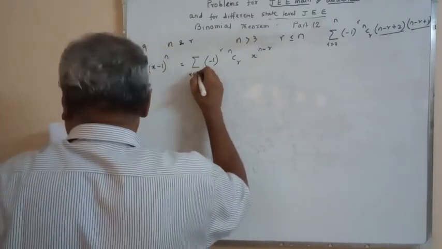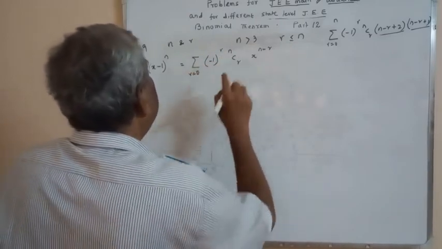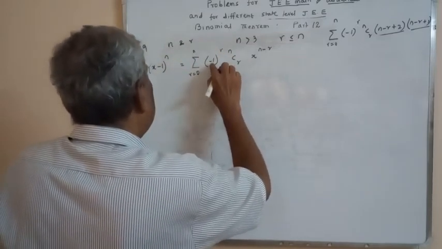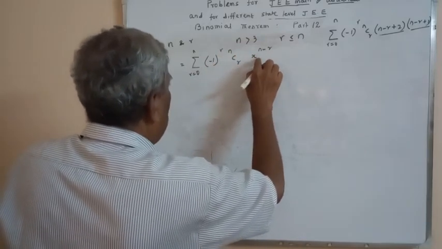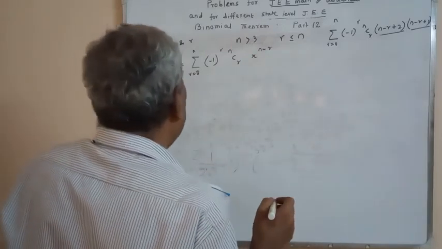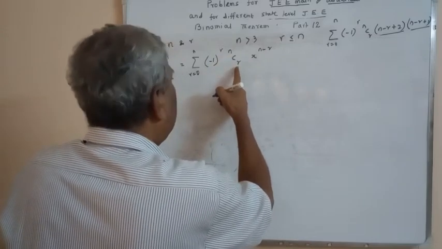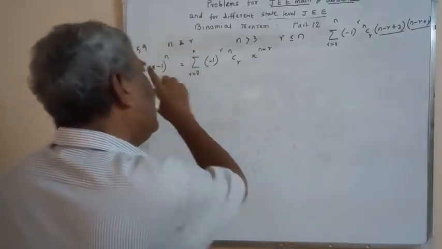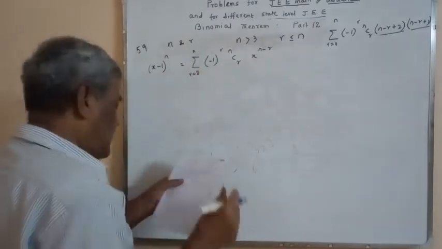Putting r is equal to 0, this becomes 0 to n, this is n. nC0 means 1 into x to the power n. First term is x to the power n. Second term will be negative. It is nC1 x to the power n minus 1 and so on. It is a common formula, we know it, so simply I use it.